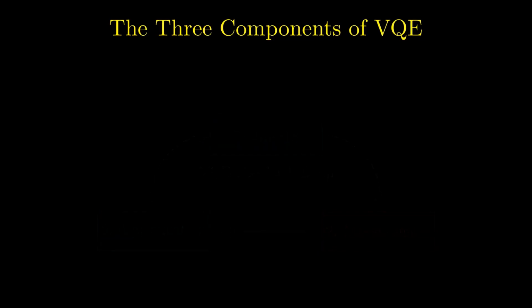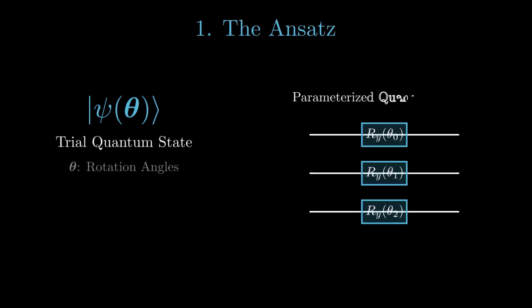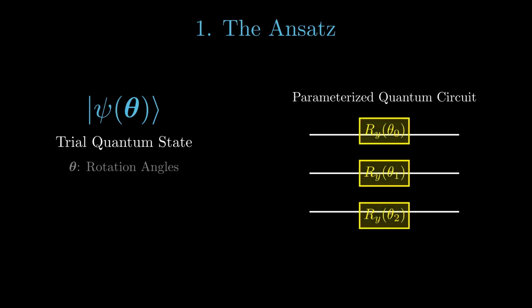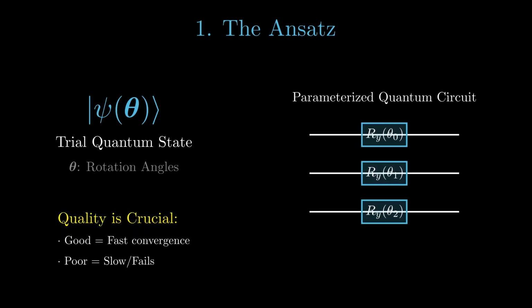The parameters theta are typically rotation angles. The quality of the ansatz is crucial. A well-designed ansatz can find good solutions quickly, while a poor ansatz may require many more iterations or fail to find the optimal solution at all.